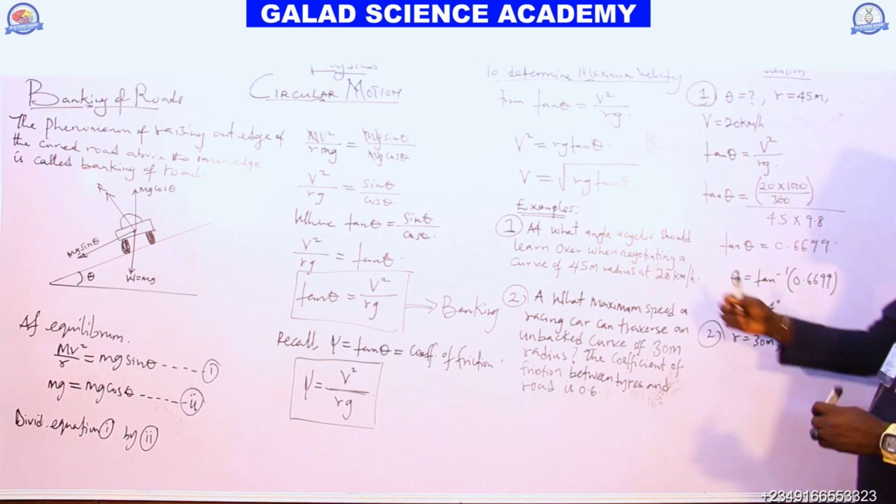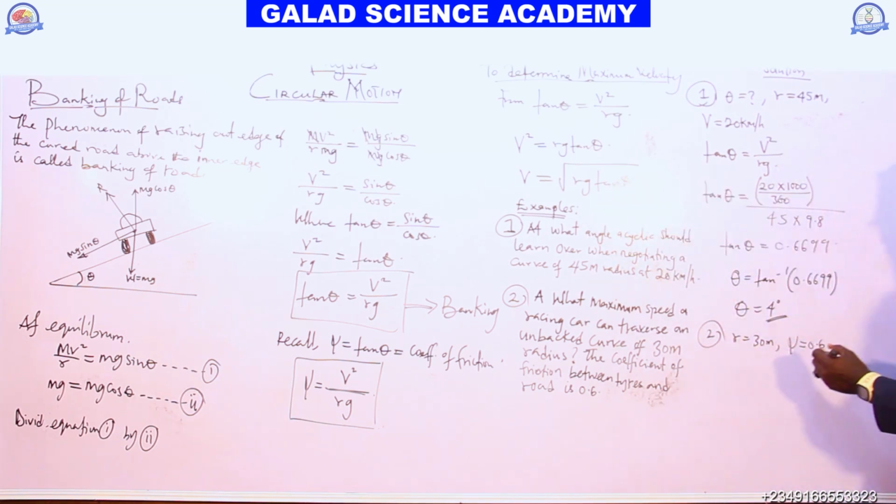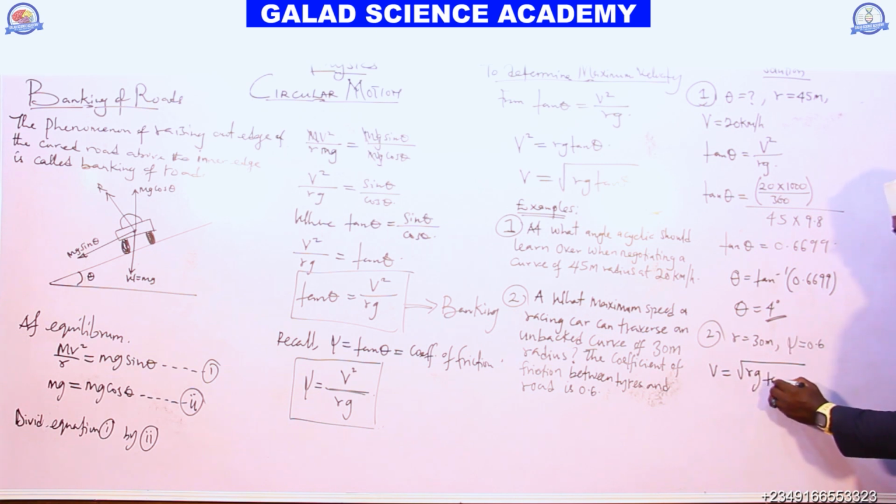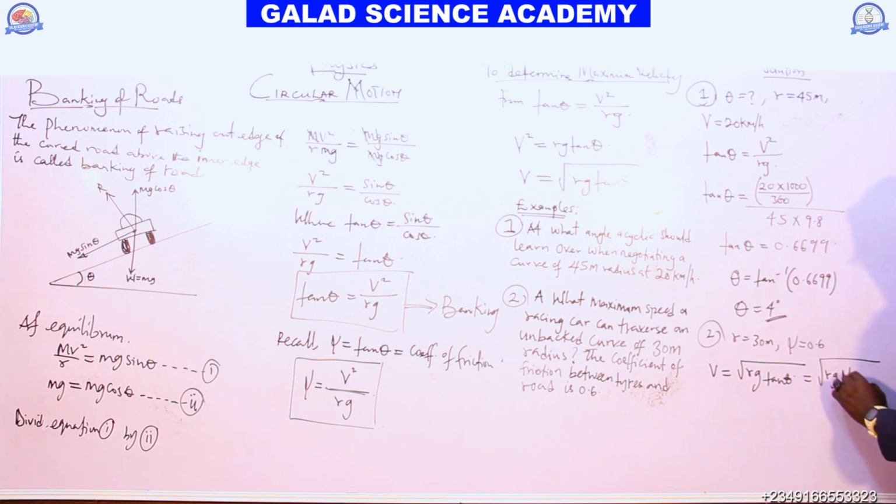We are now asked to find the speed. So what is the formula for speed? Speed v equals the square root of Rg tan theta. And our tan theta is the same thing as mu, the coefficient of friction.